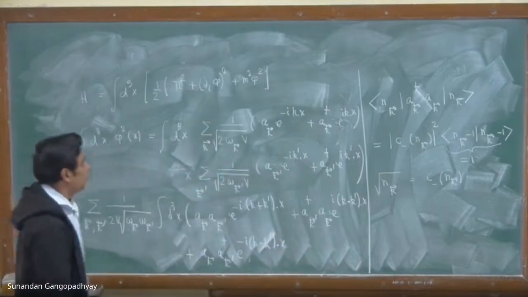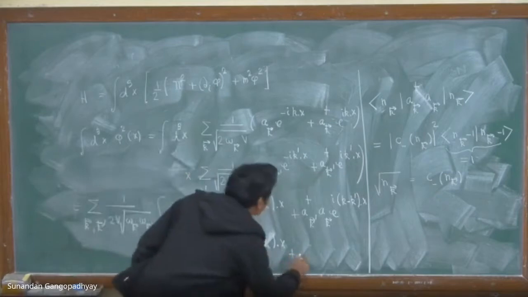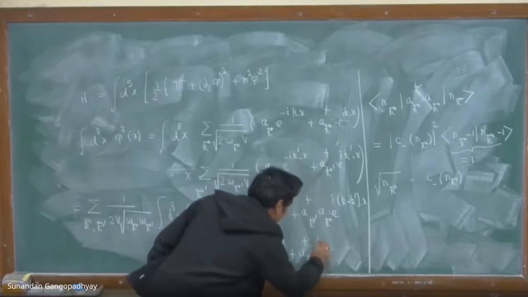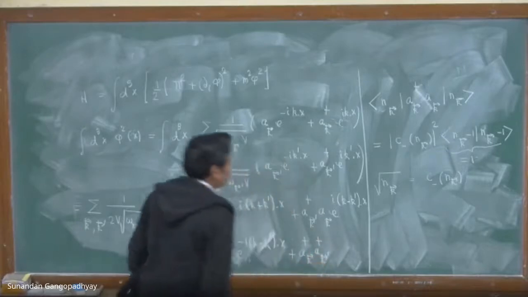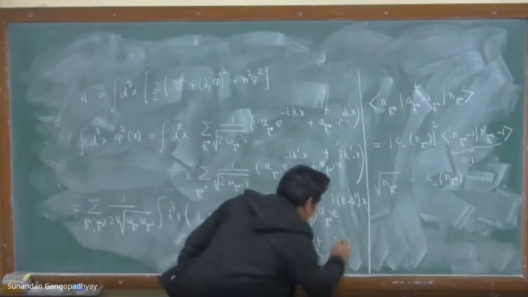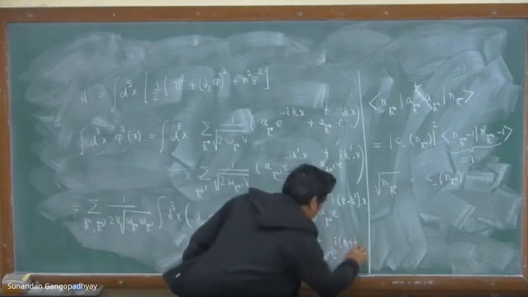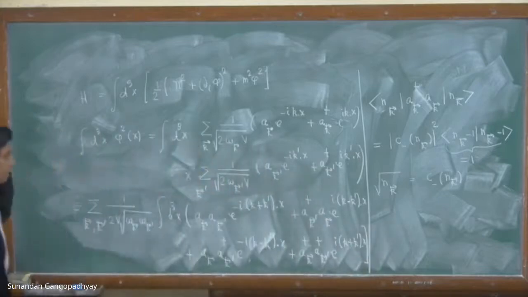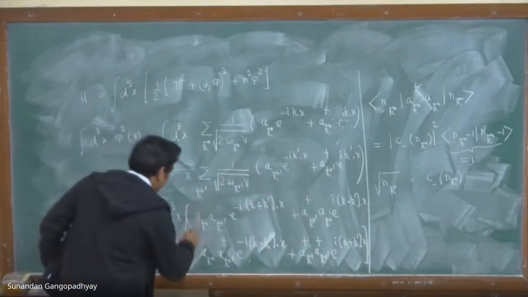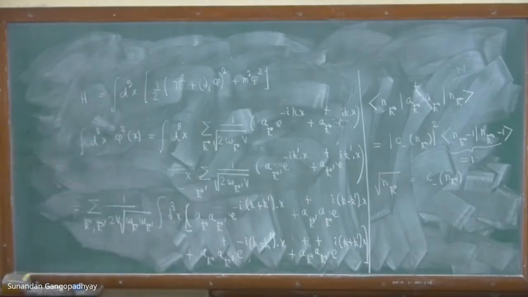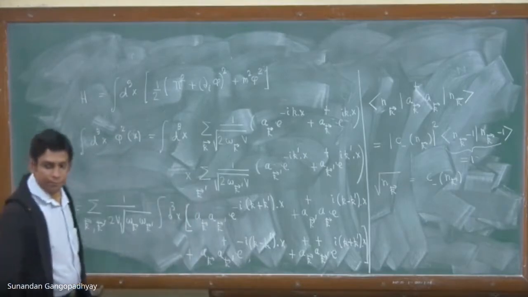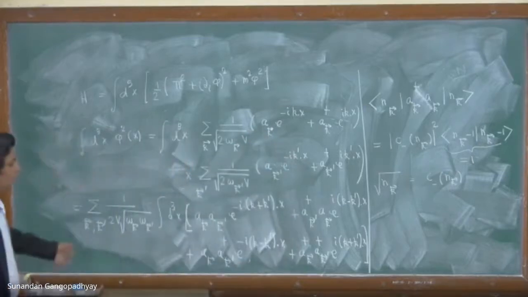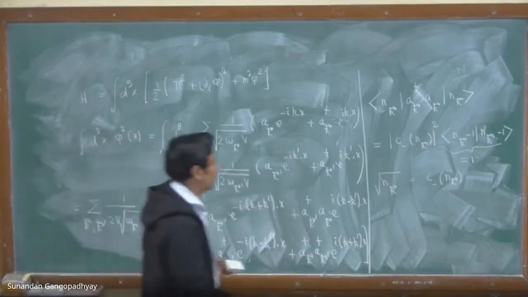This plus this. Then we close the bracket. So we have 4 terms. Is this okay? So we just multiply this out. Yes, sir. And you have to be just careful about the k's and the k primes.